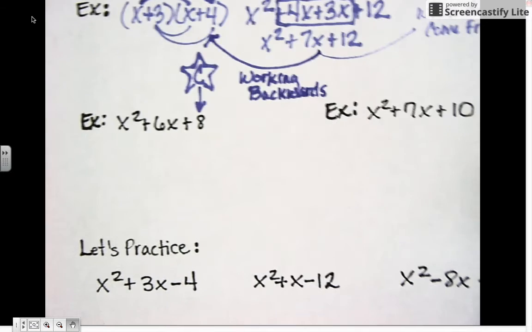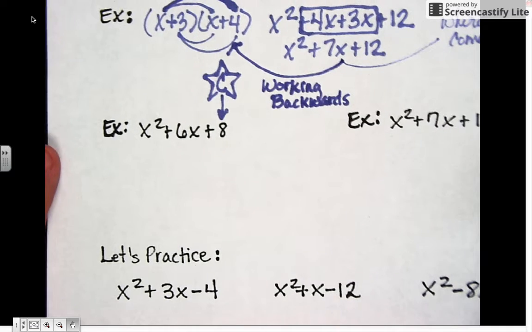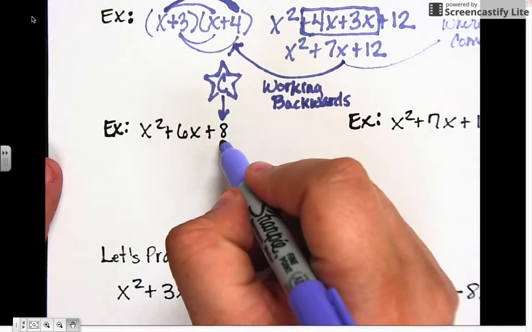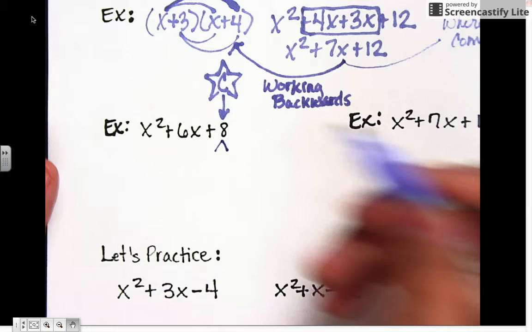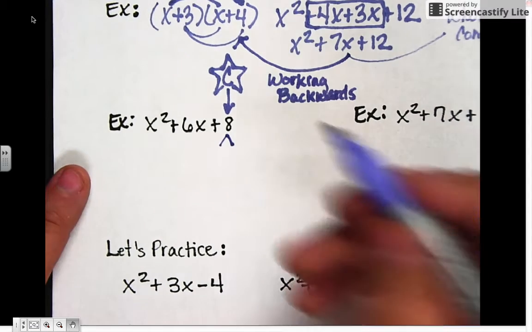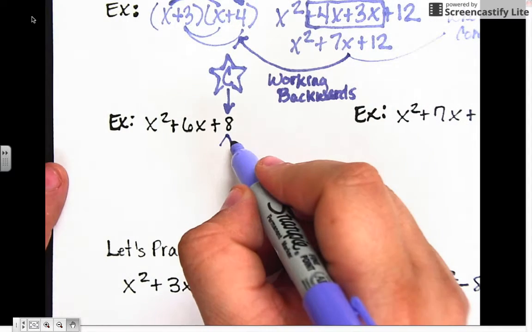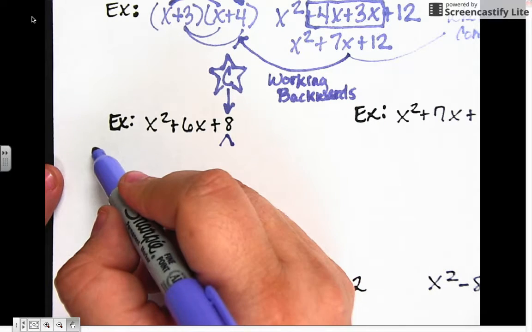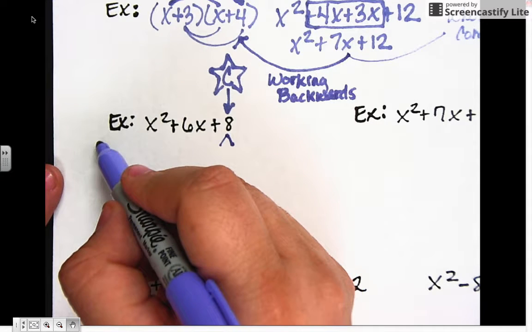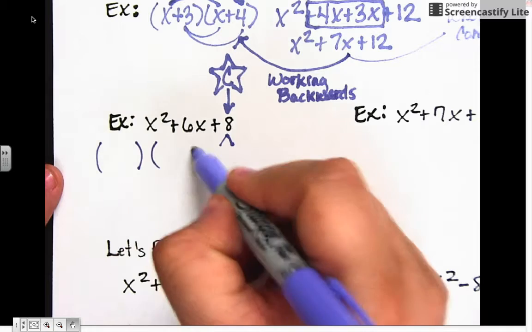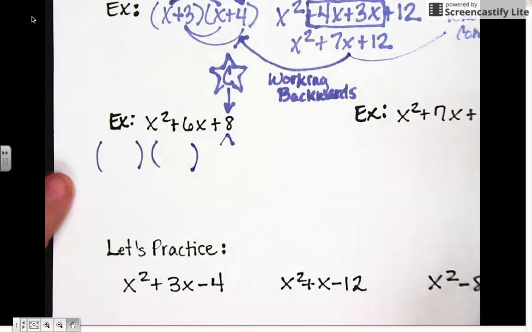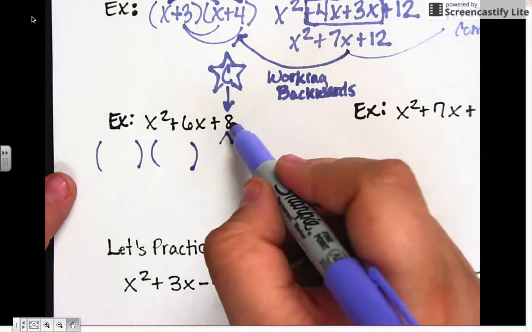So you're trying to go back to see what it looked like originally. And in order to do that, we want to break down the factors of C. C is going to control basically everything you want. And at the end of this, we want this to look like two binomials, but how do I get it there?